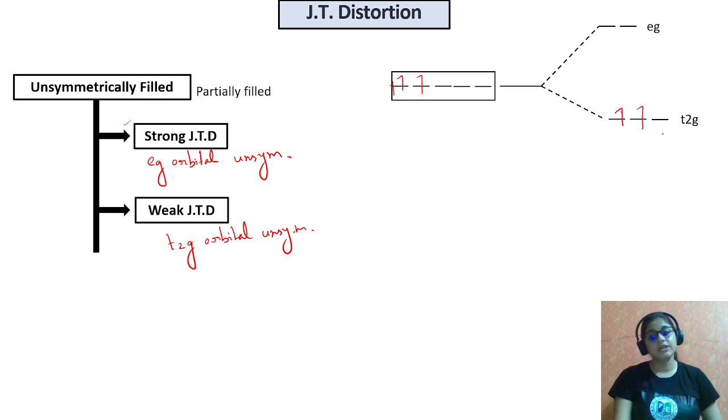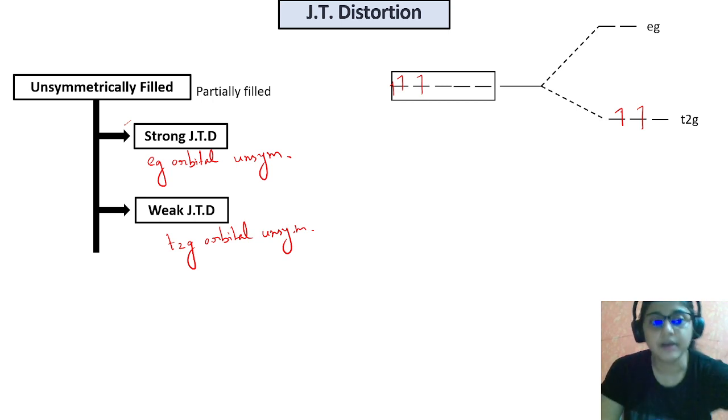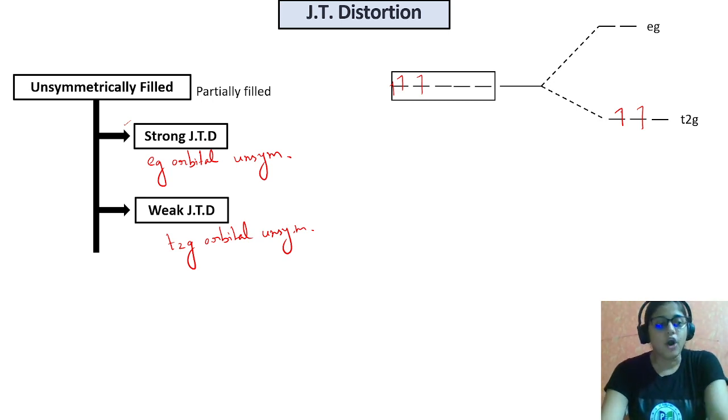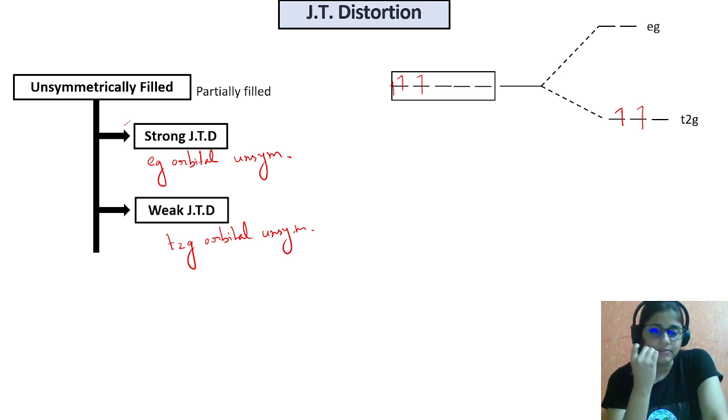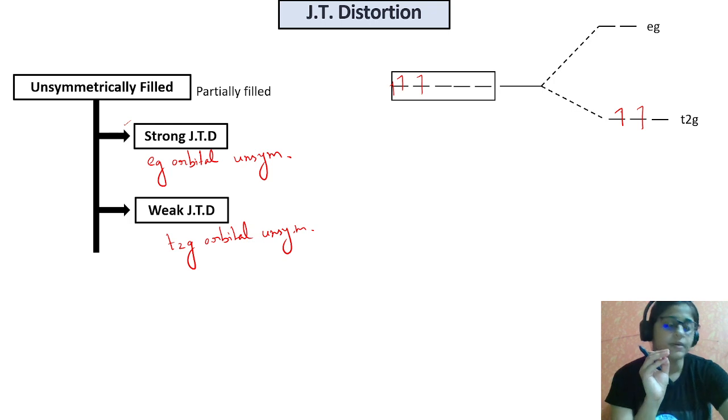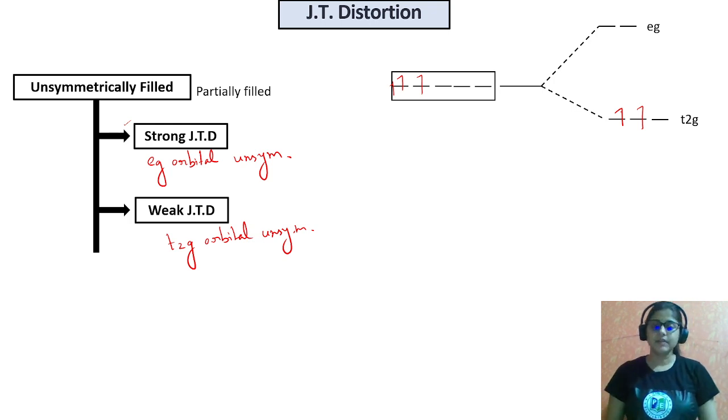So unsymmetrical filling of T2G orbitals, that time it is weak JTD. Whenever various options are given and you are asked what is strong and what is weak JTD, now you can tell the answer.